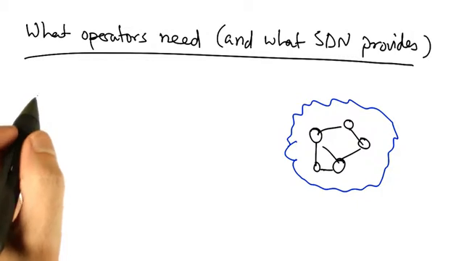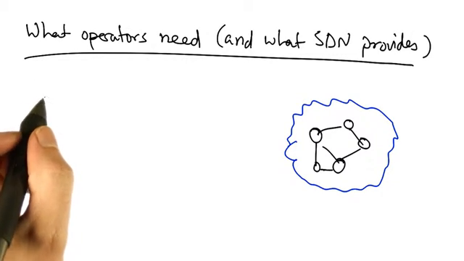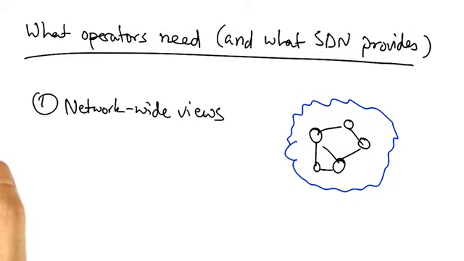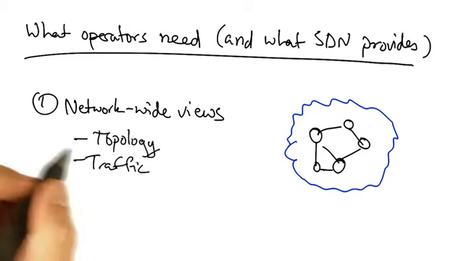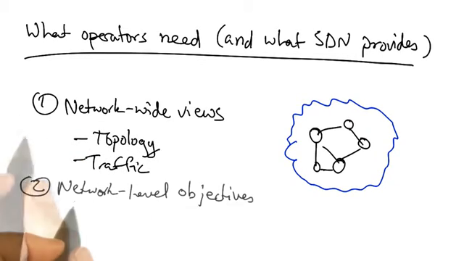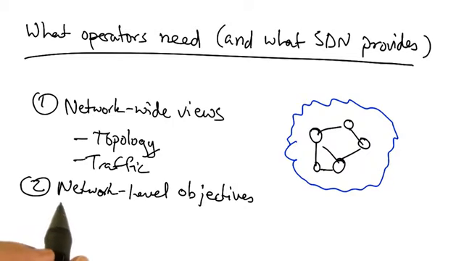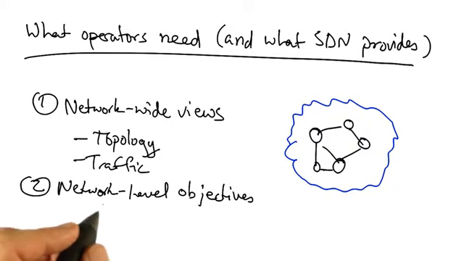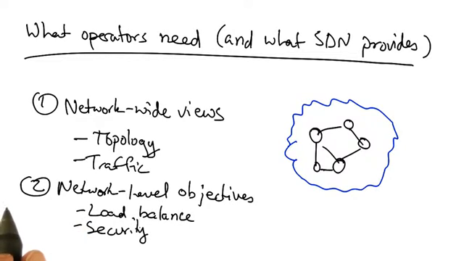In particular, SDN provides operators three things. The first is network-wide views of both topology and traffic. The second is the ability to satisfy network-level objectives, such as those that we talked about before, including load balance, security, and other high-level goals.